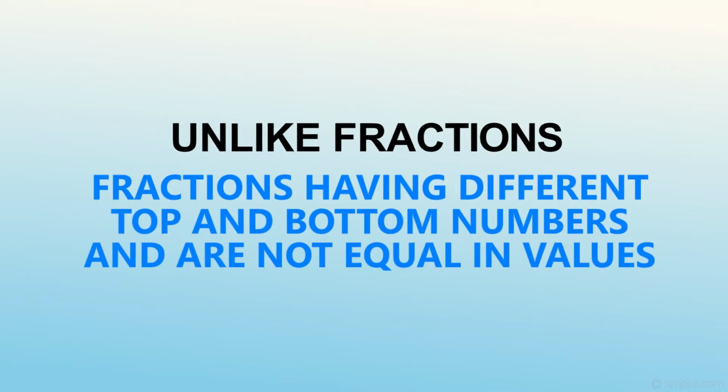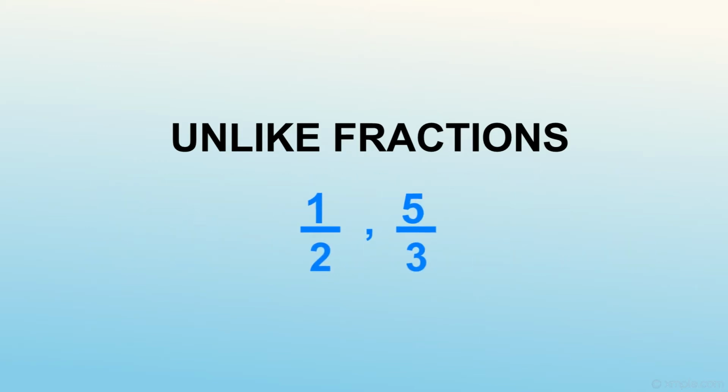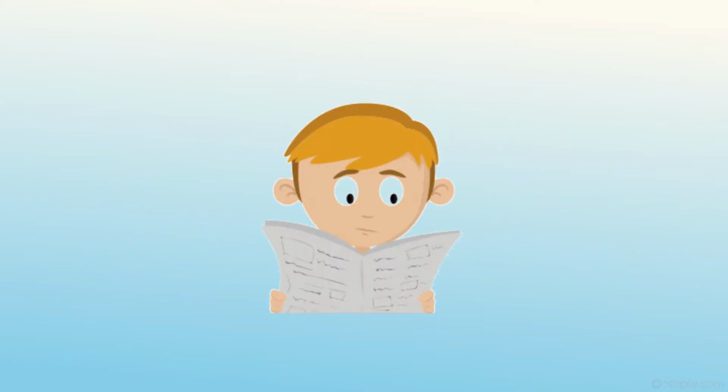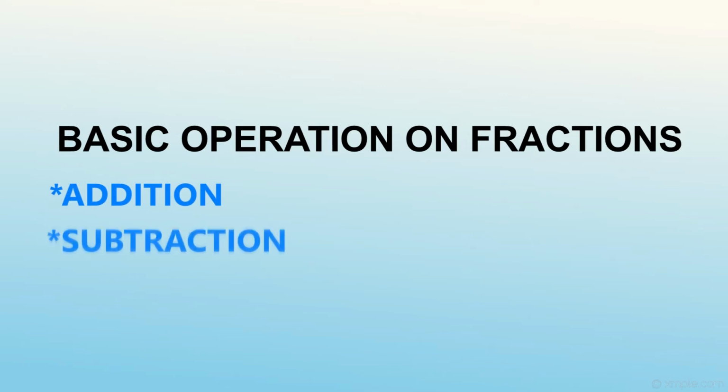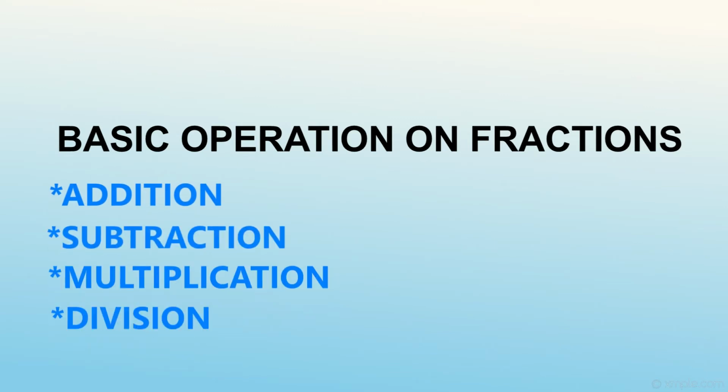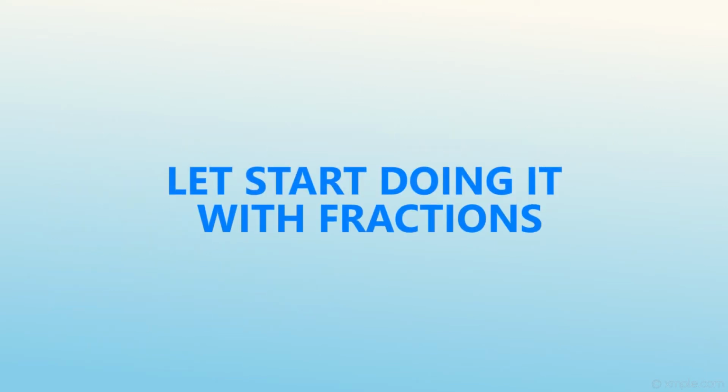And the fractions which have different top and bottom numbers and are not equal in values too are known as unlike fractions. After learning all these terms, now let's start with the basic operations on fractions like addition, subtraction, multiplication and division.